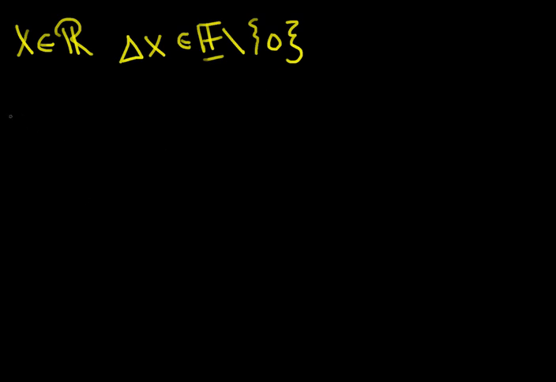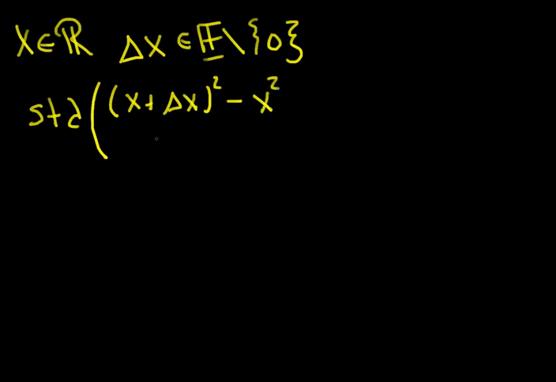So let's look at what the standard part of, let's say, x plus delta x squared minus x squared, all divided by delta x. Now, delta x isn't 0, so I can do this division, but I can't use the standard part where I come across and divide or break this up in division because the standard part of delta x is 0.